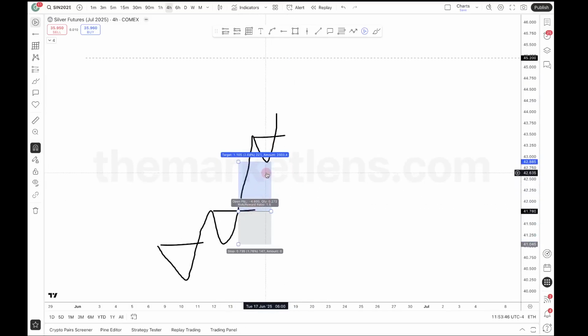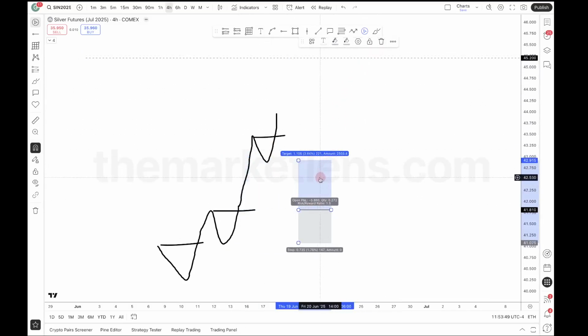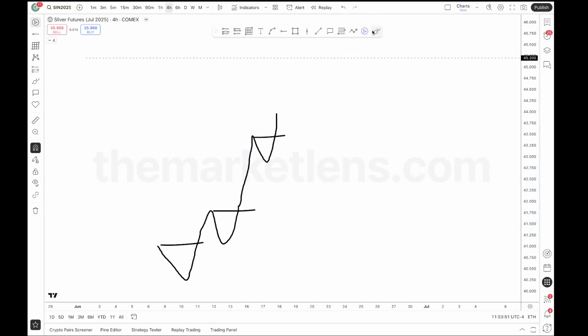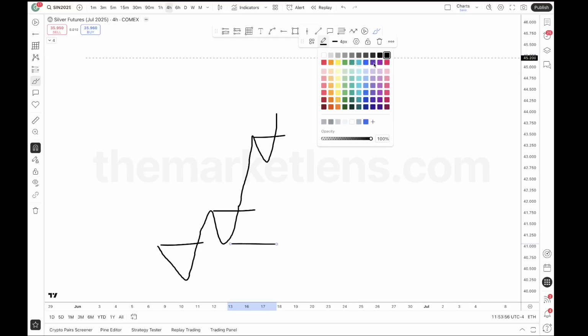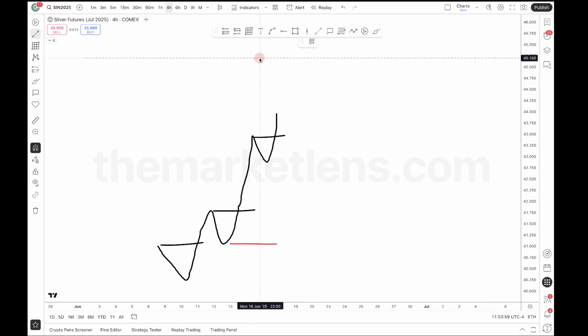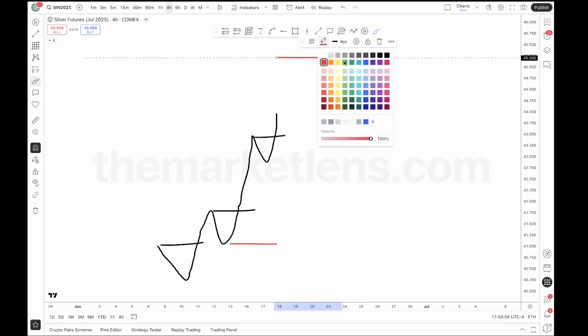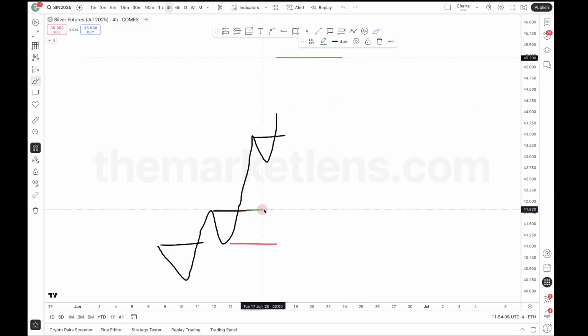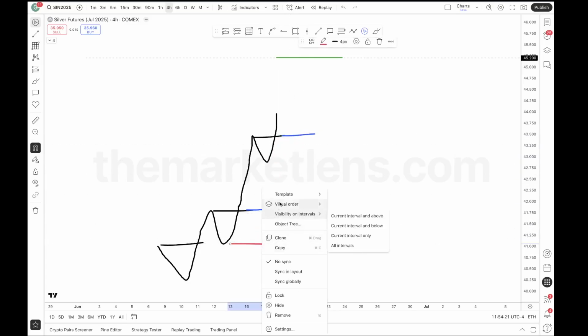Let's make it a different color: red for my stop loss, green for my TP, and blue for my entry. So here's my entry, right? And I will enter another position here, and my stop loss will go here.